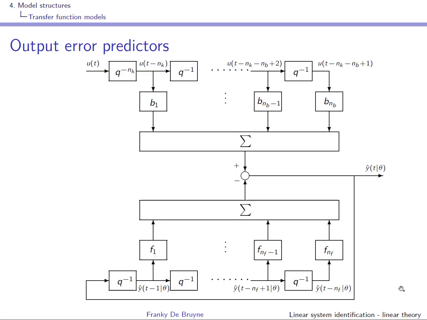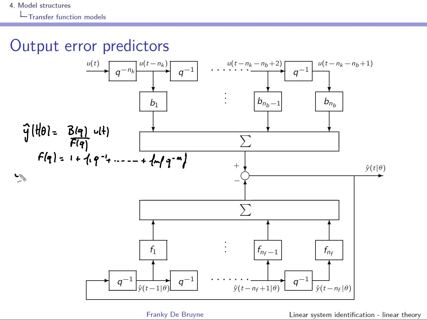So remember that the one step ahead predictor is BQ over FQ, and remember that FQ is 1 plus F1 Q minus 1 plus up to FNF Q minus NF.